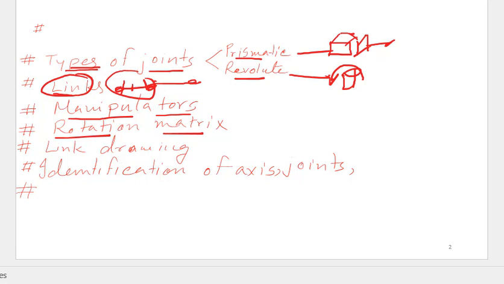The rotational matrix indicates the vector link diagram and the identification of the joint. Okay, let's go next.